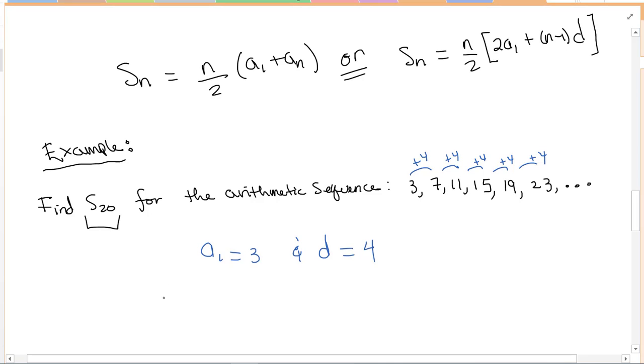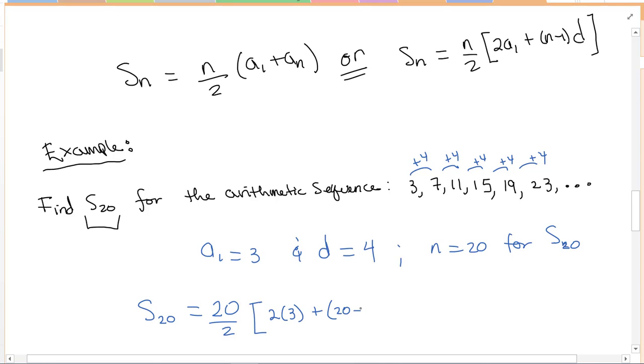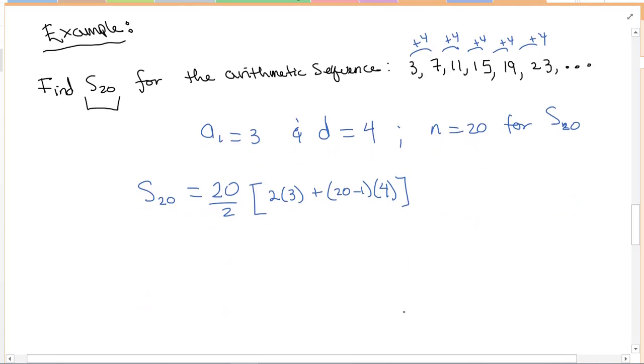So the common difference is 4. And so we can say then S sub 20 is equal to, so that means n is 20, right, for S20. So S sub 20 will be n over 2, so 20 over 2, times 2a sub 1, a sub 1 is 3, plus n minus 1, n is 20, so 20 minus 1 times the common difference, which is 4. And then simplify this out.